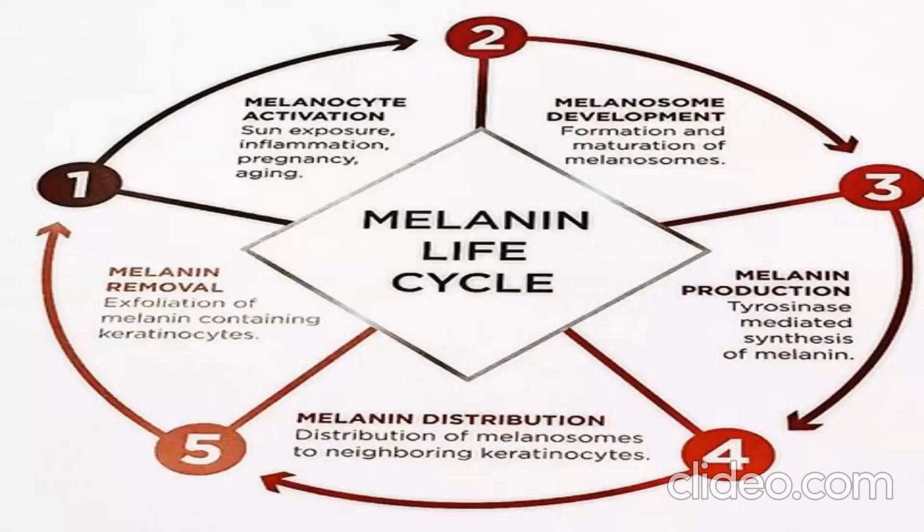So this is the melanin life cycle. First is melanocyte activation. How does it activate? Due to sun exposure, inflammation, pregnancy, aging. After activation, there is formation of melanosomes, the formation and maturation of melanosomes.